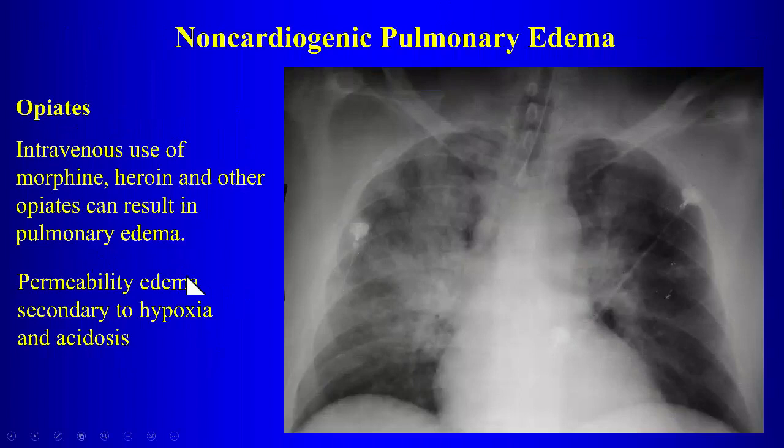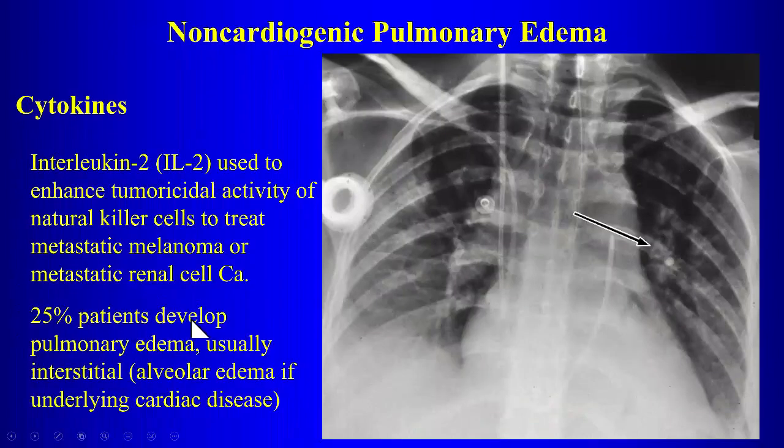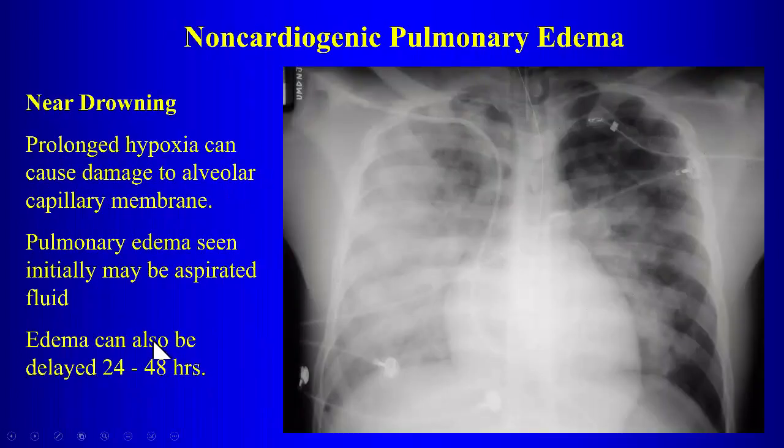Opiates, we've talked about this, can also result in non-cardiogenic pulmonary edema. Cytokines and chemotherapies: 25% of patients on interleukin-2 can develop pulmonary edema as a complication of some of these chemotherapeutic agents. Near drowning can also be a cause.